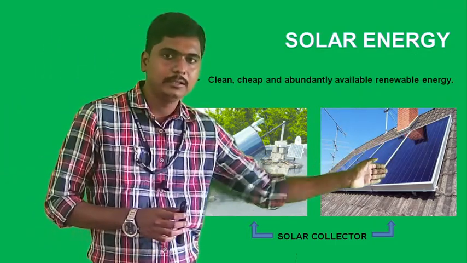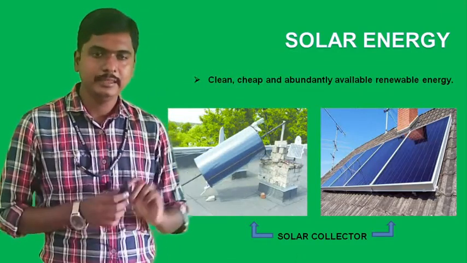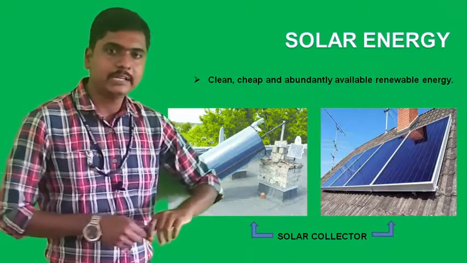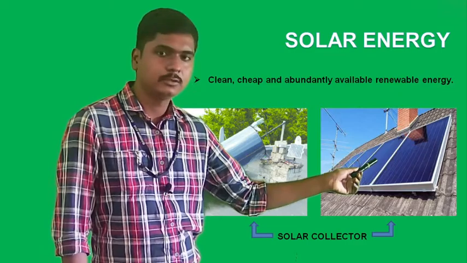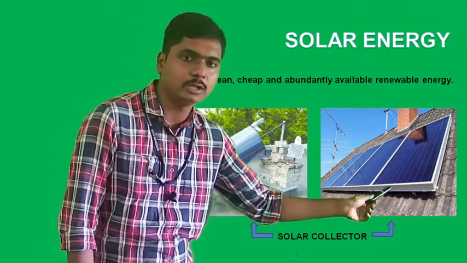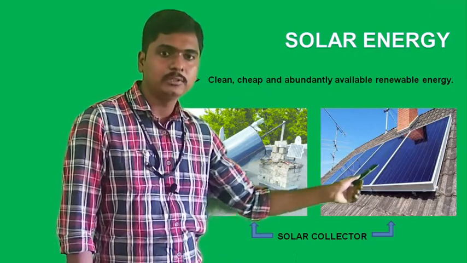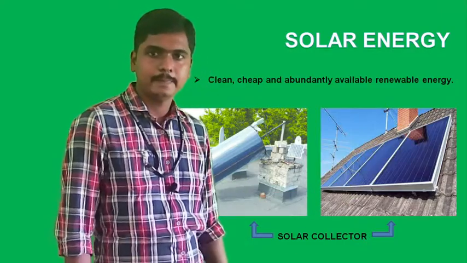Now what happened? Below this solar plate some copper tubes are there, and inside that copper tube water will flow. Whatever solar radiation is absorbed by this solar plate, that heat will be provided to the water flowing through the copper tubes present below this plate.